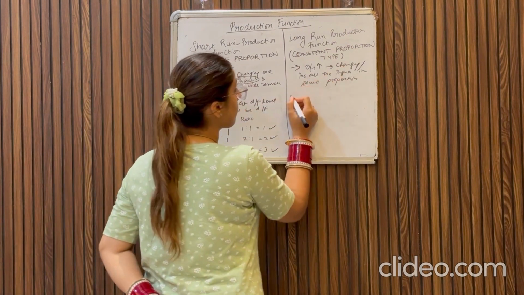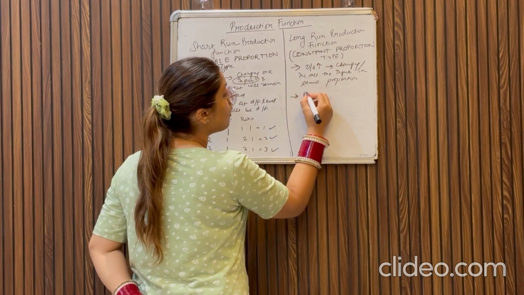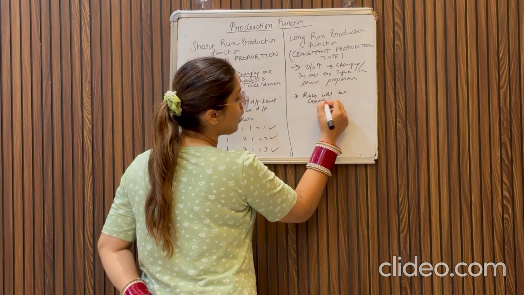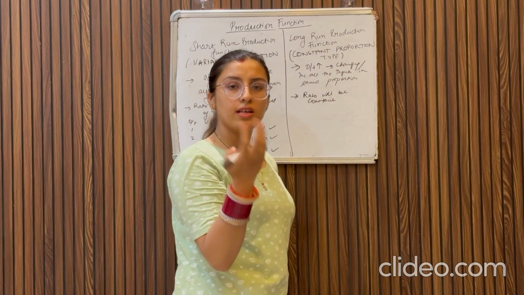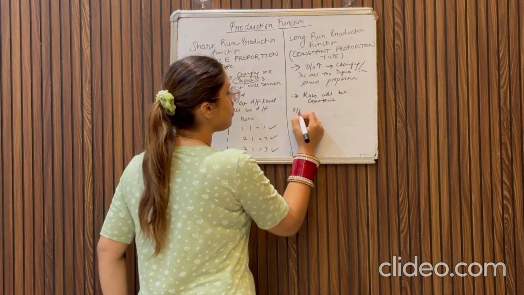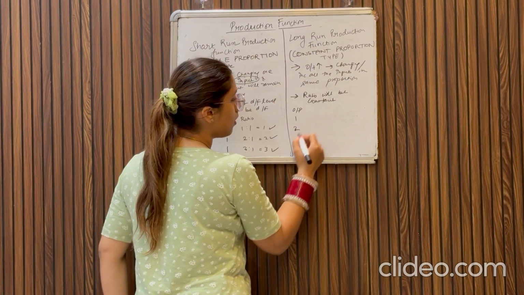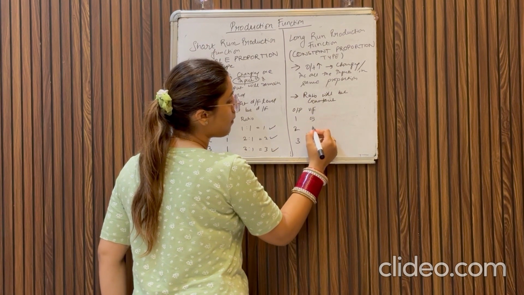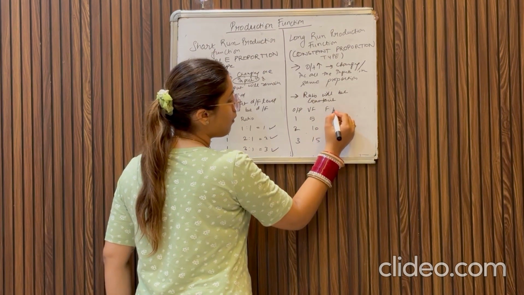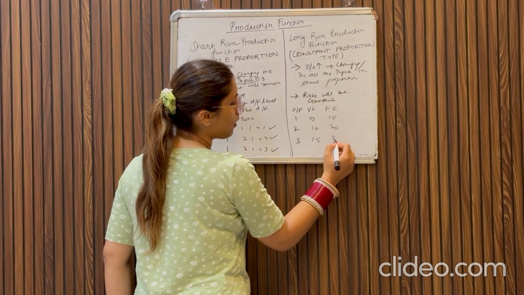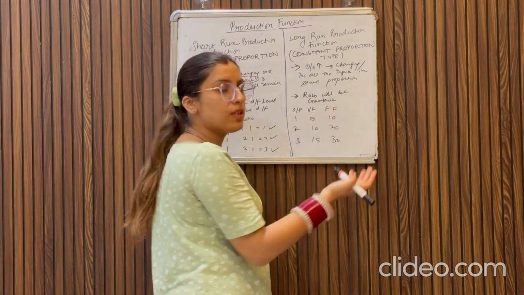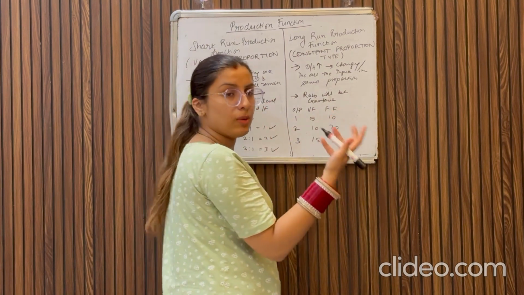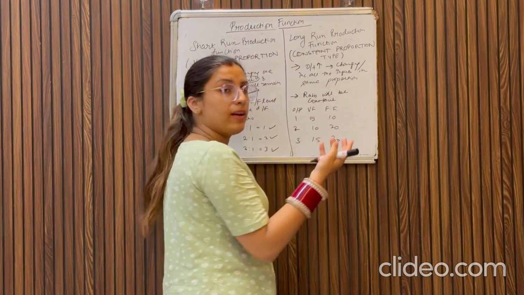While in the long run production function, the ratio will be constant as we are increasing all the inputs in the same proportion. For example, variable factor is 5, 10, 15 and fixed factor is 10, 20, 30. In the long run, we can change the fixed factor as well. I can have n number of factories, I can have n number of machines, I have the ability to change my fixed factor in the long run.